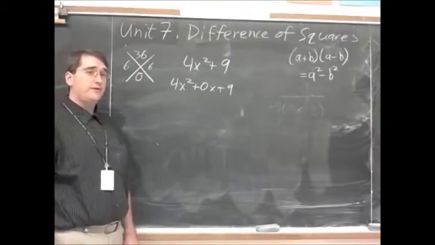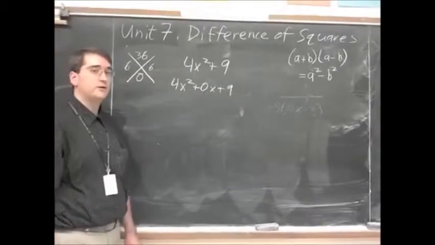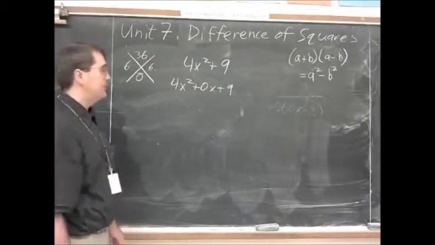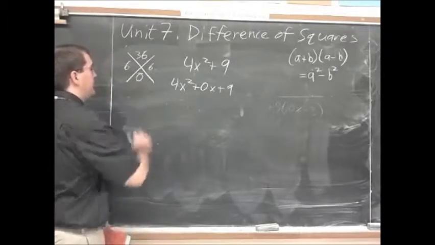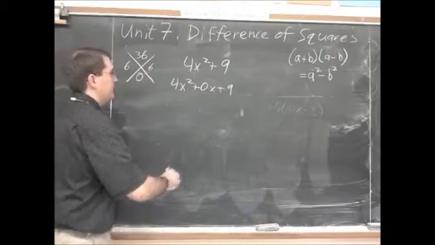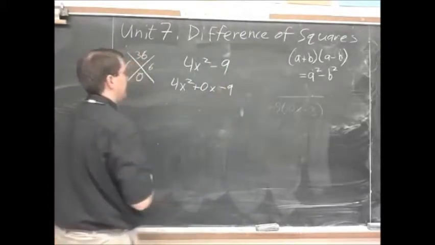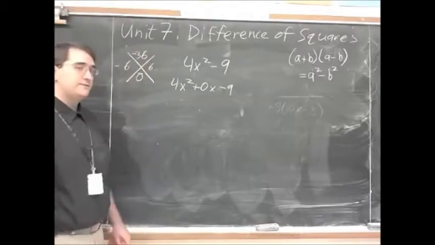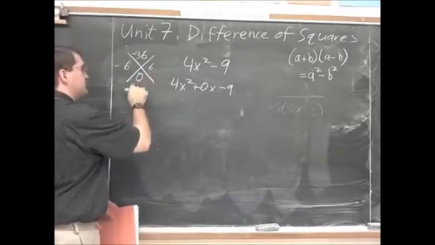If you try to split the middle and there's no pair of numbers that work, then it's not factorable. You can't factor that polynomial. We can't factor this because there is no number that makes this work. But if this was 4x squared minus 9, giving me a minus 9 down there, and this was a negative 36, well now, negative 6 times 6 is negative 36, and negative 6 plus 6 is 0.